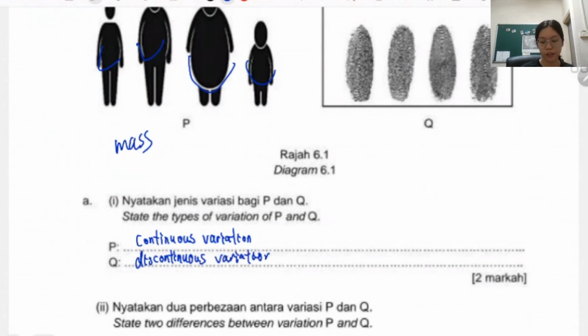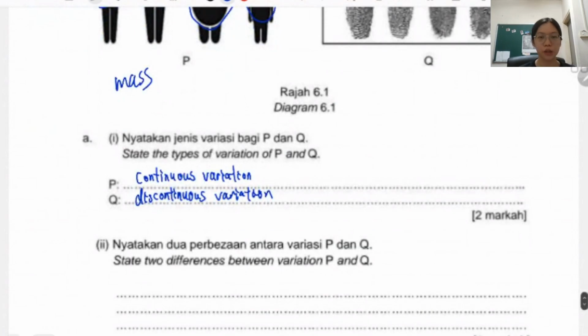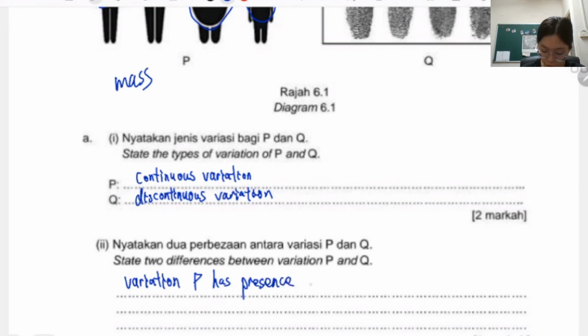And state the two differences between variation P and Q. There are actually a lot of differences between variation P and Q. You can state that variation P has presence of intermediate characteristic.